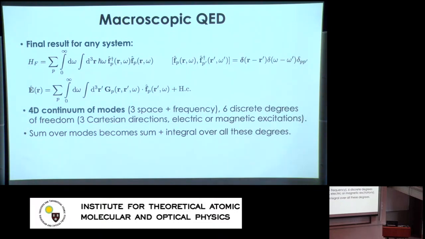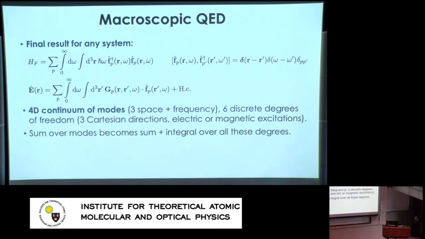So the reason why this is not as trivial as I'm making it sound is because you have all the usual complications of QED, of quantizing the electromagnetic field. You have to be careful that you have the constraints and the divergence and so on. But that's all the same as in free space. And then you couple it to the materials, which is where you have to be careful that you have the internal losses and so on.